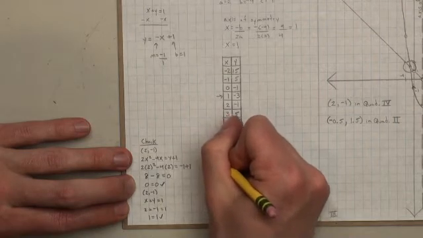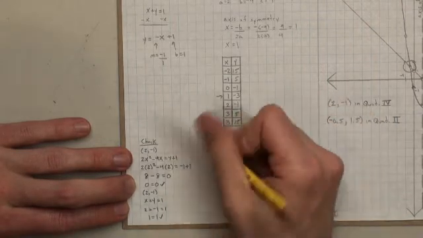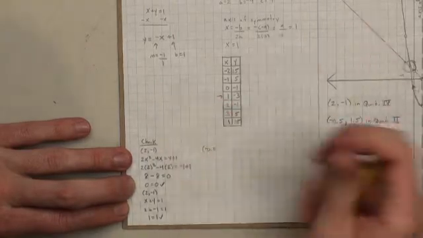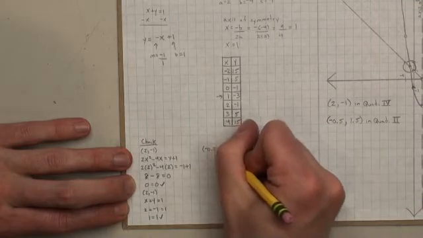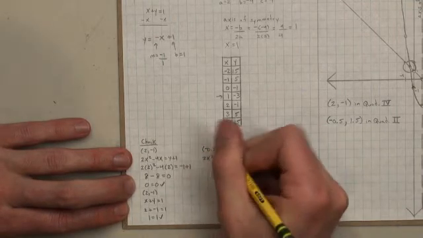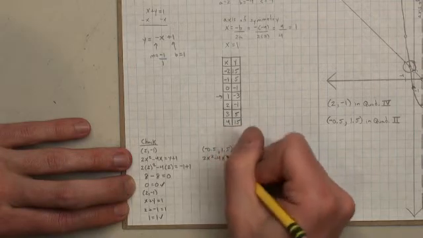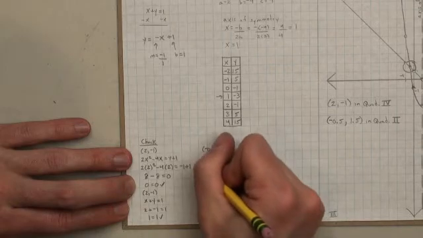We have negative 0.5, comma, 1.5. And first we're going to check it in 2x squared minus 4x equals y plus 1.